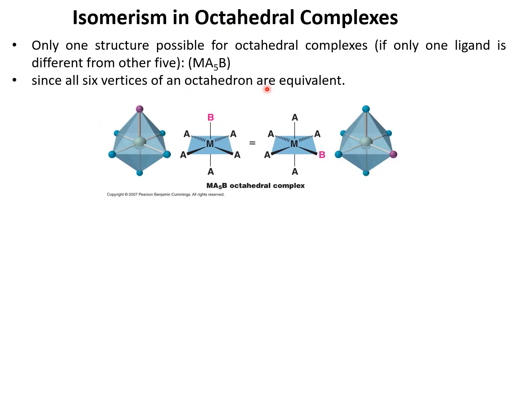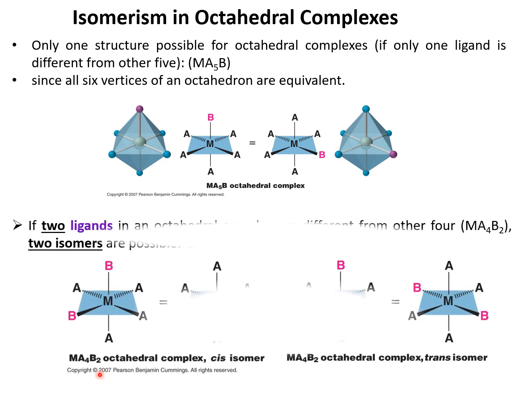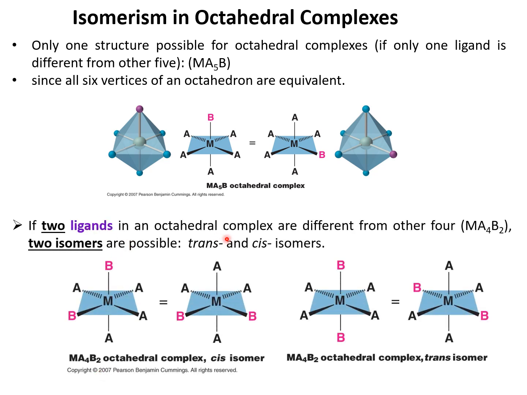Next, let us see isomerism in the case of octahedral complexes. In an octahedral complex, one representation is Ma5B. If two ligands in an octahedral complex are different from the other four, then two isomers are possible, that is cis and trans isomers.